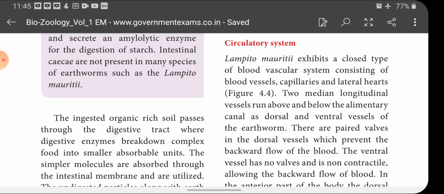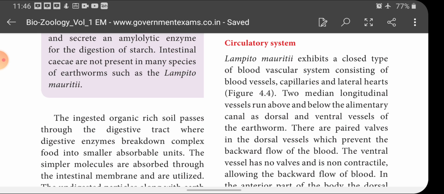In that way, the circulatory system of Lampito mauritii, that is earthworm, consists of a closed type of blood vascular system, consisting of blood vessels, capillaries and lateral cords. Two median longitudinal vessels run above and below the alimentary canal as the dorsal and ventral vessels of the earthworm. There are paired valves in the dorsal vessel which prevent the backflow of the blood.